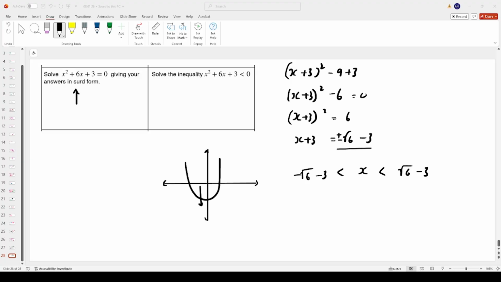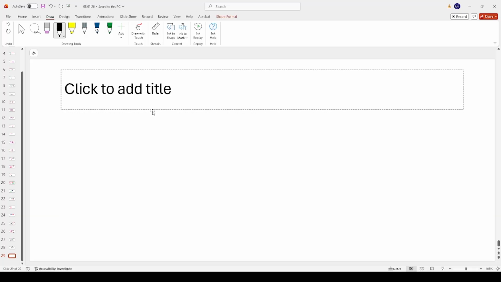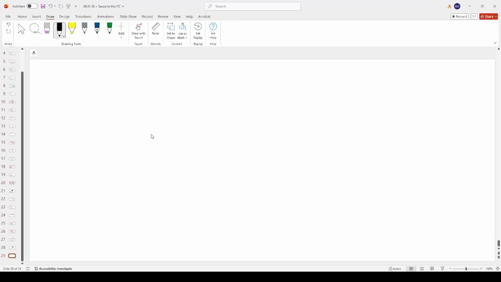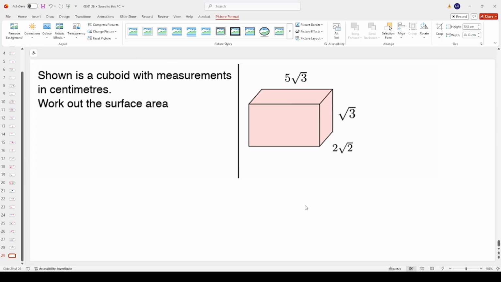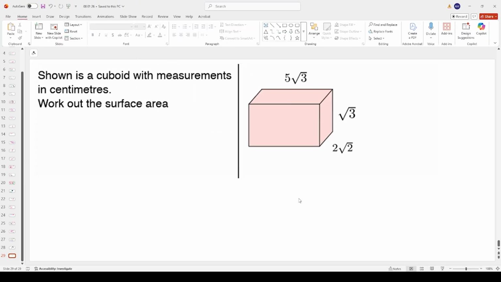Here's a question for the group. Okay, shown as a cuboid with measurements in centimeters. Work out the surface area.